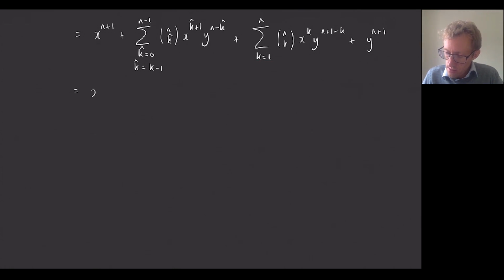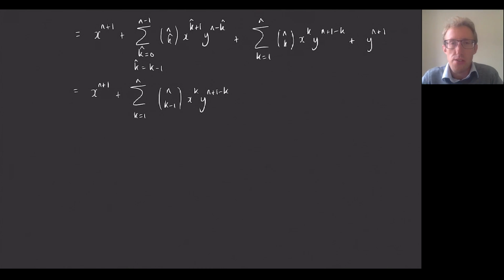So I'm going to write that out. So I'm only going to need one sum then. So this is going to go k is 1 up to n. And so the first sum is going to become n choose k minus 1, and then the x to the k hat plus 1, well k hat plus 1 is just k, so that's x to the k. And then we have y to the n minus k hat, that's n plus 1 minus k.